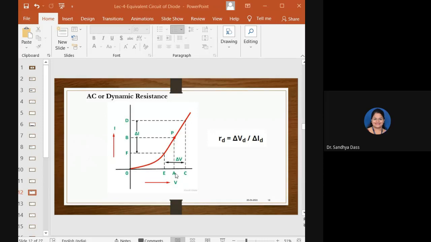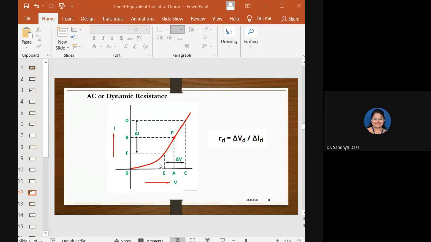So the current flowing through the diode would also be AC, or alternating current. The typical response when we plot this VI characteristic for such a circuit, we observe the variation in the plot in this way.